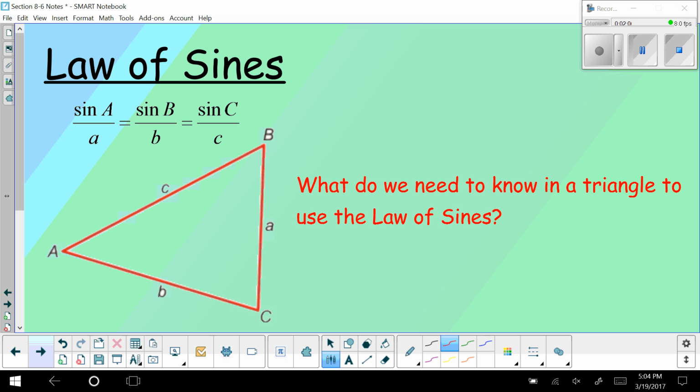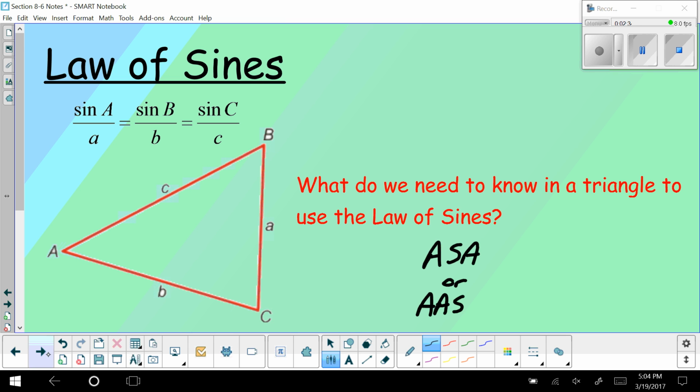But the things that are important to know here is that if we want to use the law of sines, we need to know at least 2 of the angles. So this would be for a case of if we knew angle, side, angle, or angle, angle, side. So we have to know at least 2 angles, and we have to know at least 1 side. Whether the side is included or excluded doesn't really matter. But we have to know 2 angles and 1 side to be able to use this.